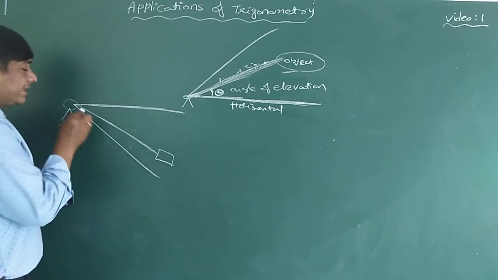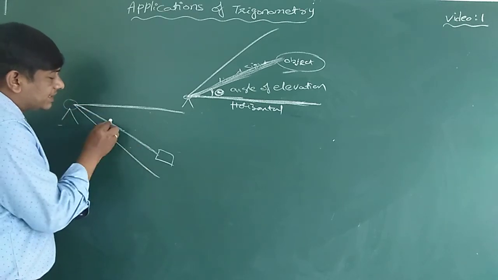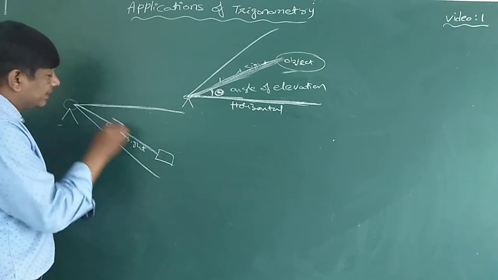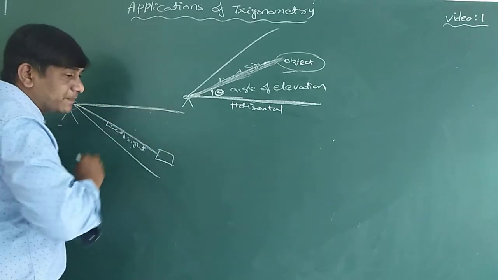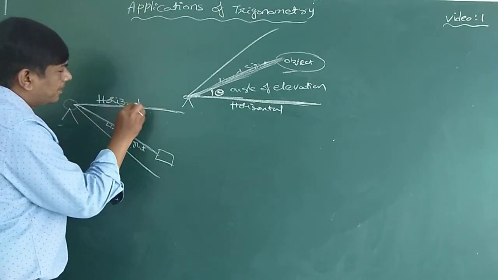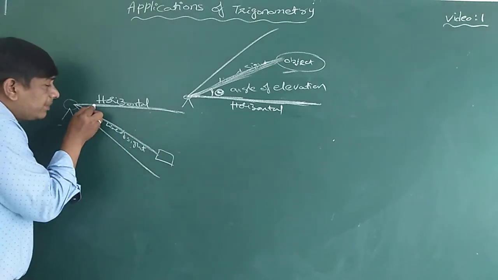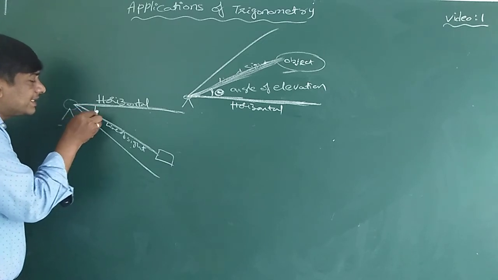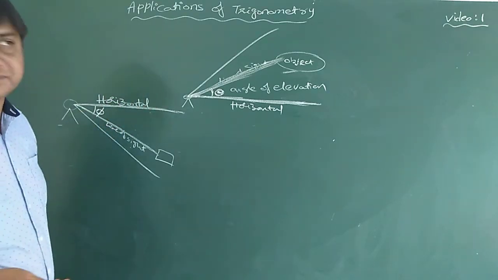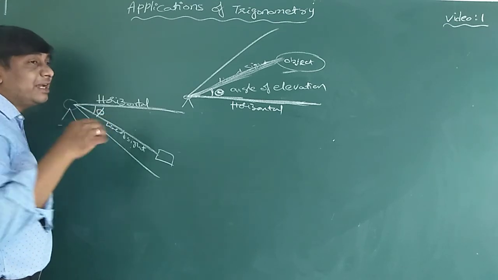The ray passing from the eye to the object is the line of sight, and the line parallel to the ground is the horizontal line. The angle between this horizontal line and the line of sight, let us assume, is pi. Here I took pi, not theta.